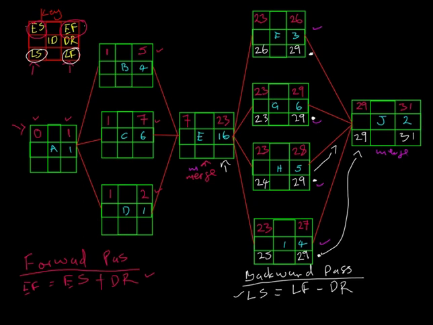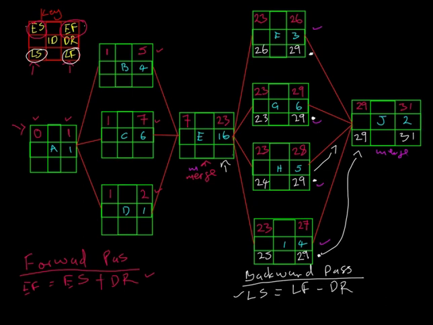Okay, it's not just one. So we've got F, G, H, and I as the successor. Wow. There is a merge activity, or in this case, when we're going forward, we say it's a burst activity, right? Yeah, because it bursts out. So E is kind of like both a merge activity and a burst activity.